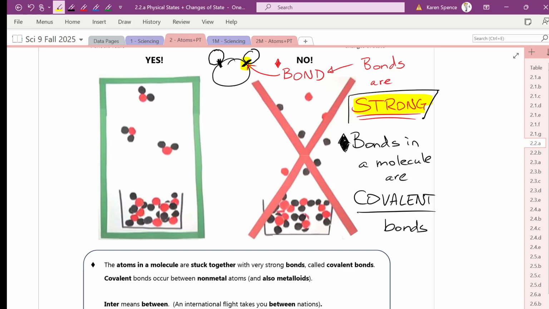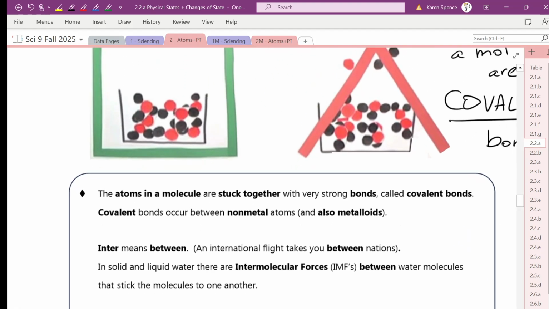Do you remember what the word inter means? Inter means between. Okay, so inter is between. There's a reason that I teach you these prefixes in isolation, because you'll see the prefix inter all over the place through science, and it always means between.